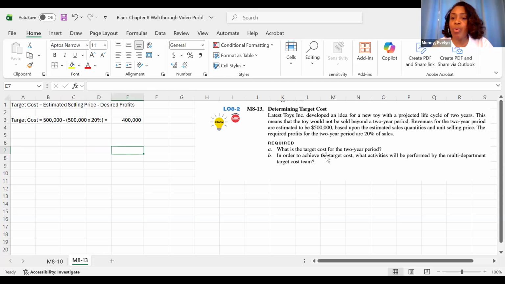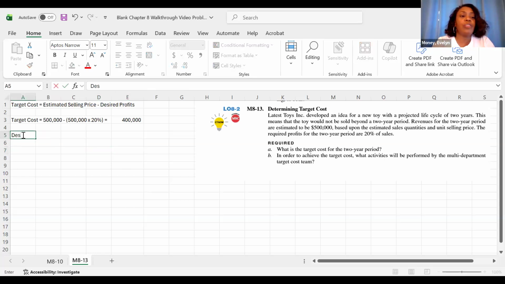Now, in B, in order to achieve the target cost, what activities will be performed by the multi-department target cost team? Well, that team first has to design the product. Because yes, this is the cost that we're working towards. So we have to make sure that we can design something that fits within this cost range. We also have to determine the manufacturing procedures.